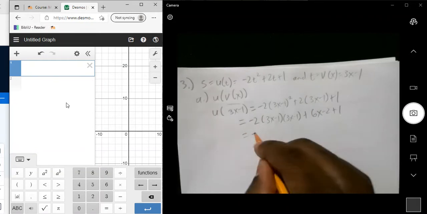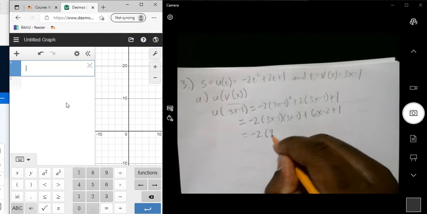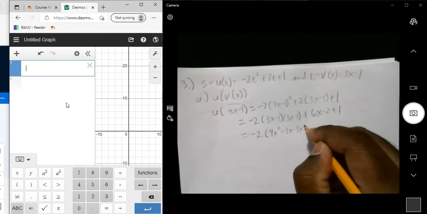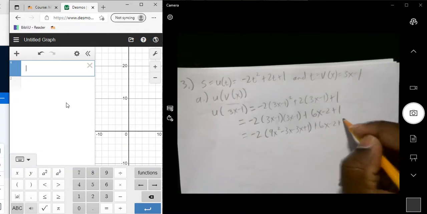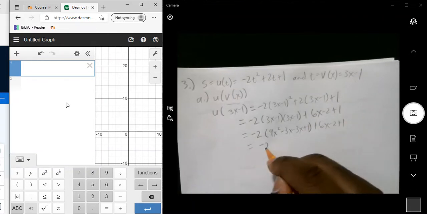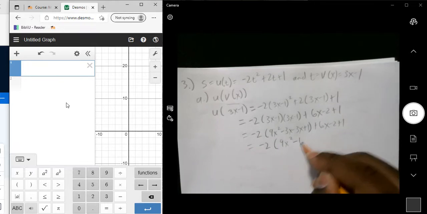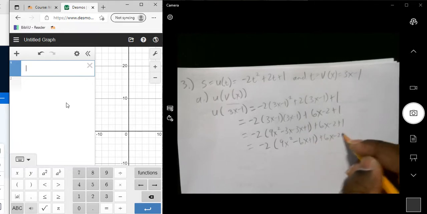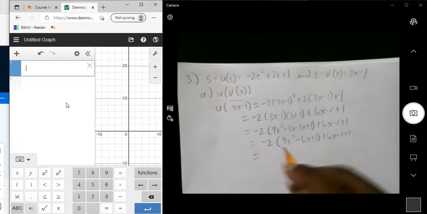So now, when we multiply these two parentheses using the distributive property, we have 9x squared minus 6x plus 1 plus 6x minus 2 plus 1. So now we'll take negative 2 and multiply by everything in the parentheses.